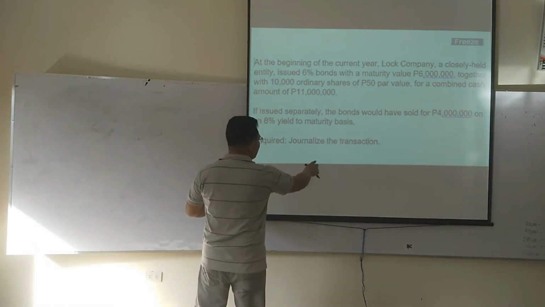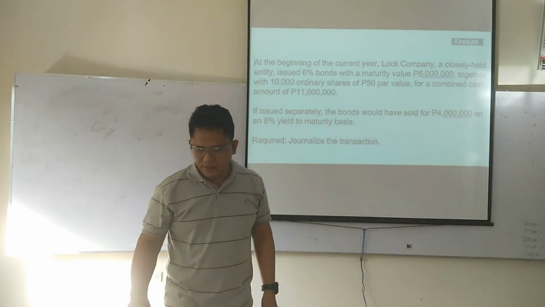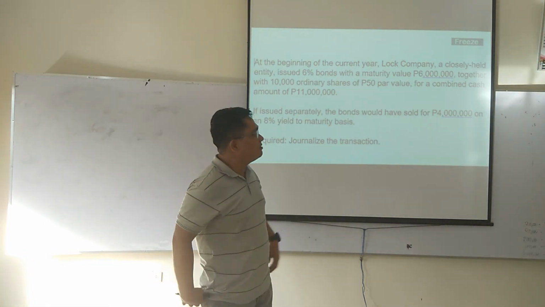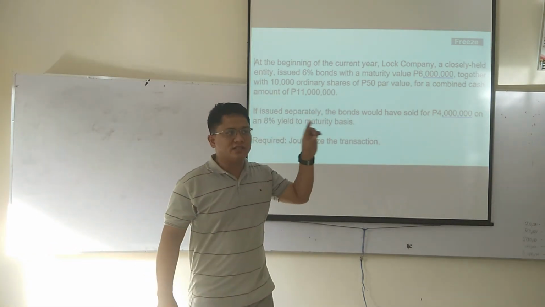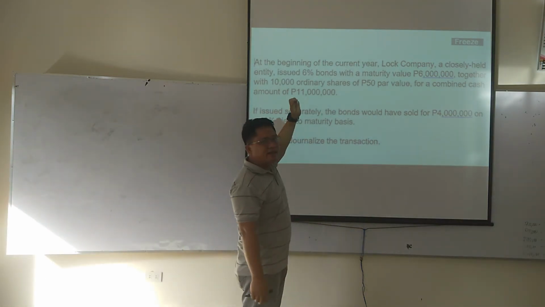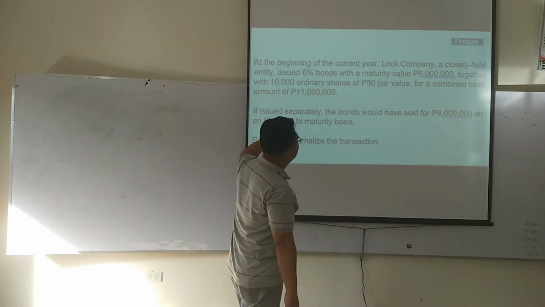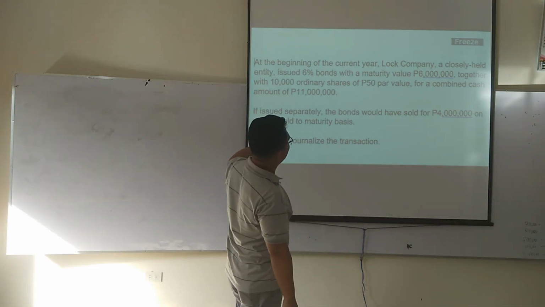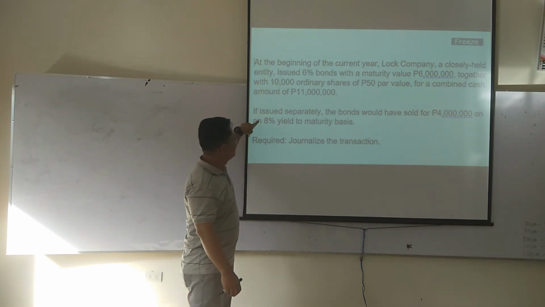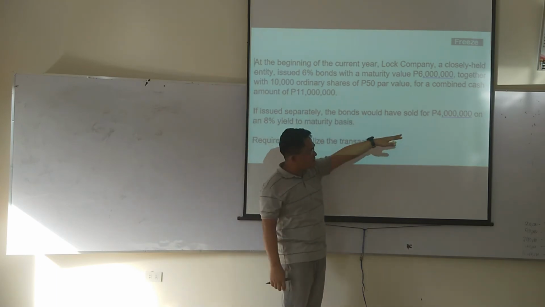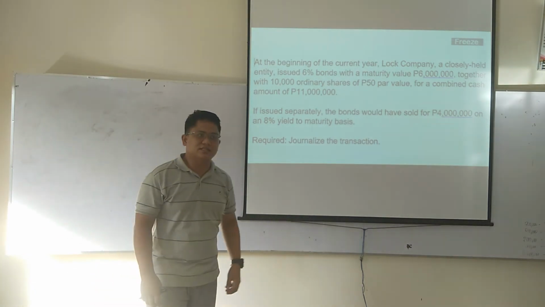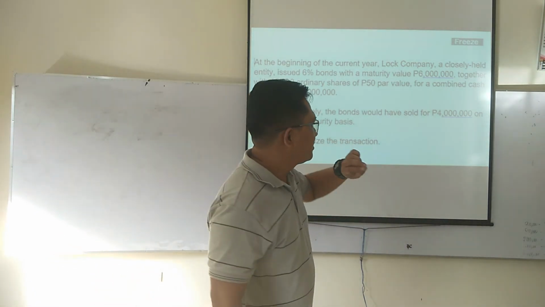So we will journalize the transaction. Previously, we created an allocation based on the market value of the preference shares and the ordinary shares. The problem is only one of the two items sold has the market value. If issued separately, the bonds would have sold for 4 million. So that's the market value of the bonds.